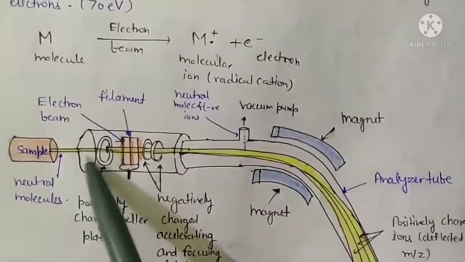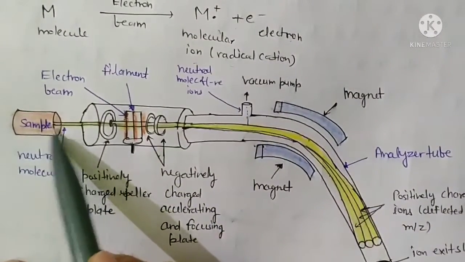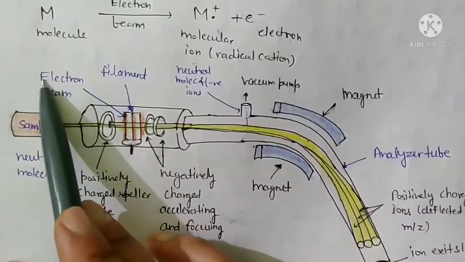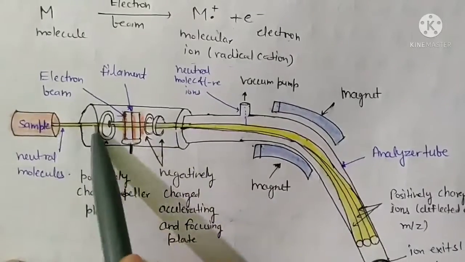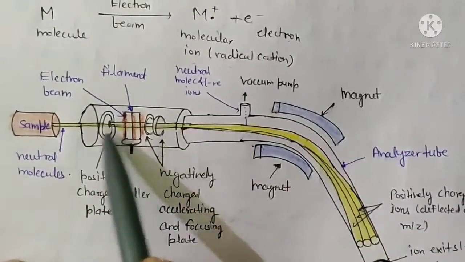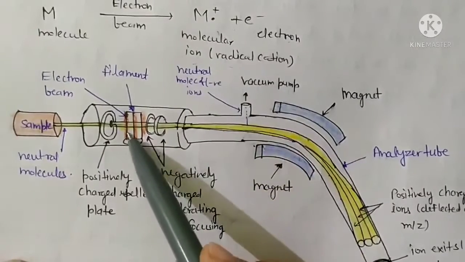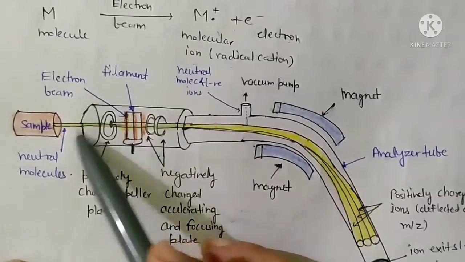Now this is the instrumentation of a mass spectrometer. This is your sample. Then the sample is ionized by incidence of a high energy electron beam. These are the filaments. Then it passes through this, and here is your positively charged repeller plate.